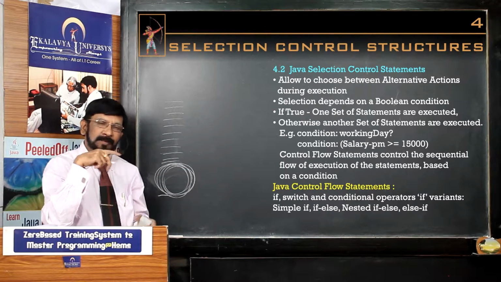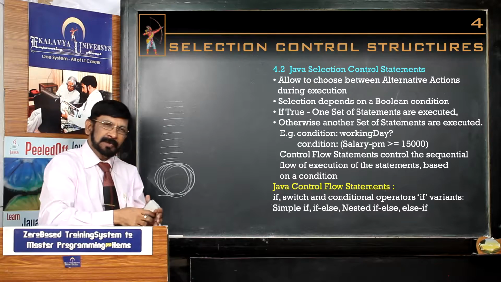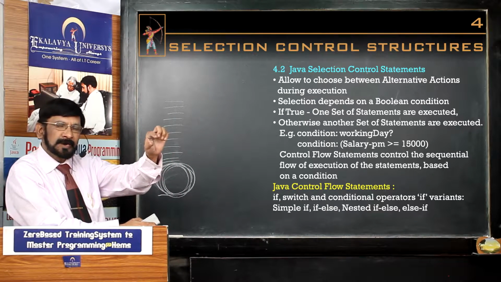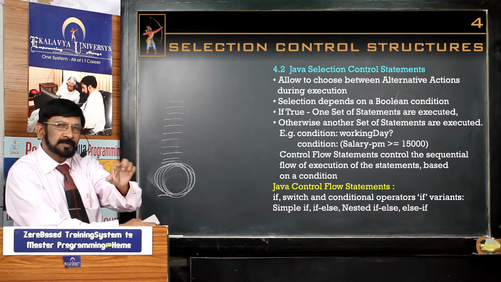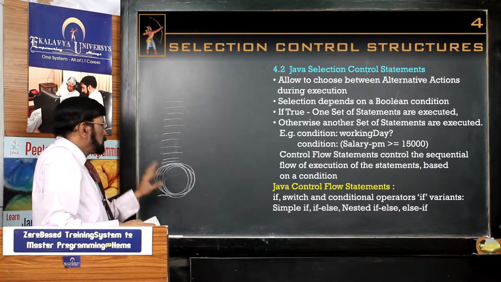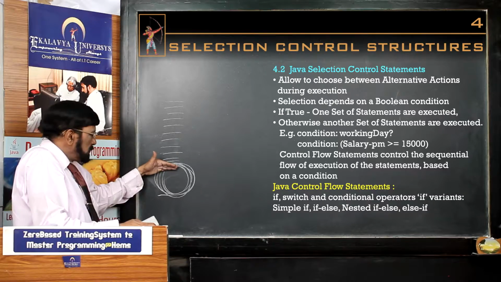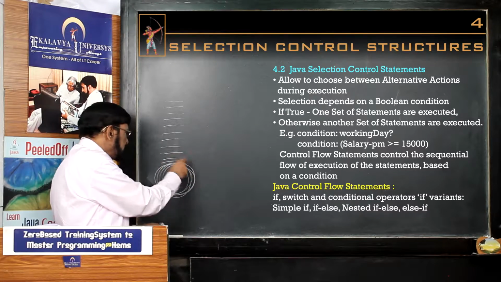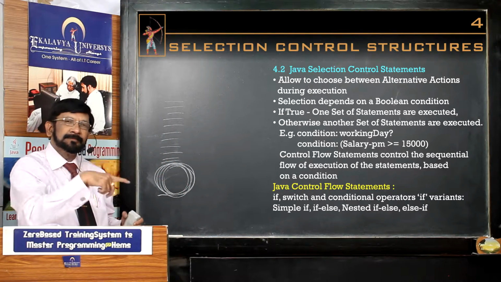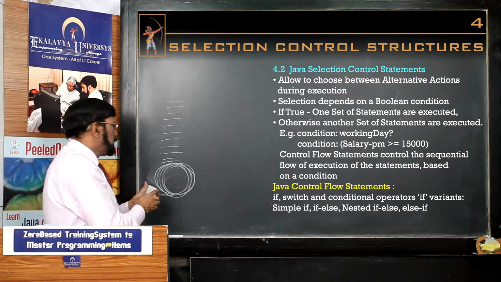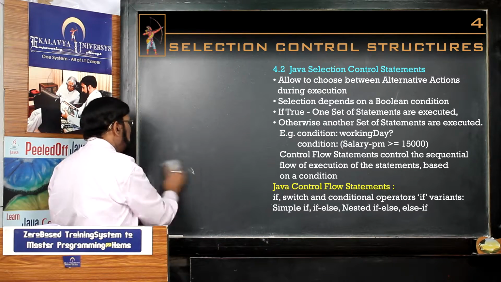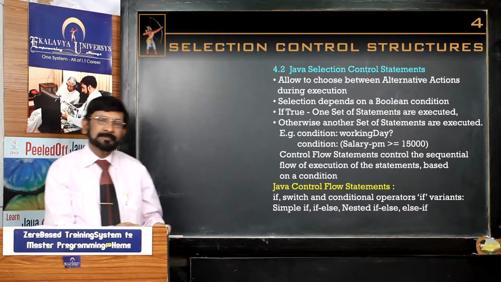Already you have seen the multiplication table. For the ninth multiplication table, 20 terms were printed in the previous example. So the flow of control is stopped here, and here 20 times it was repeated, iterated. So that point you have to understand. That is the meaning and purpose of control flow statements.